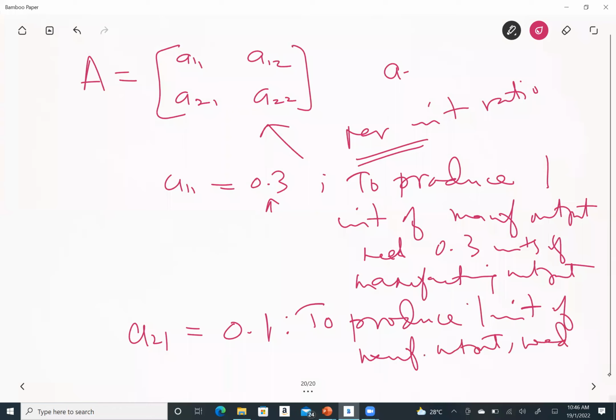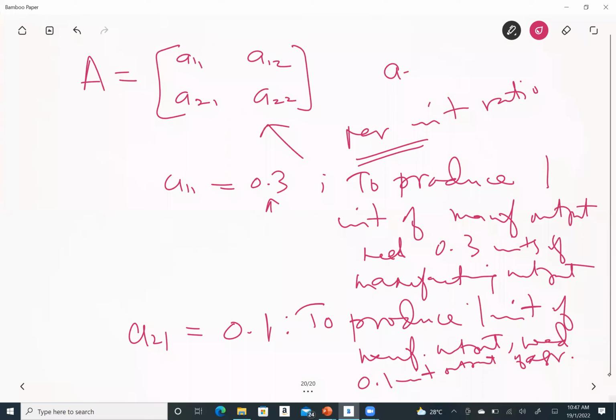We need 0.1 unit of output of the agriculture sector. So if you go by what I just said, that is the input requirement.